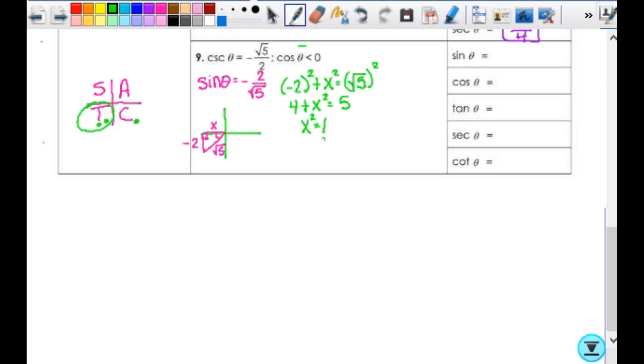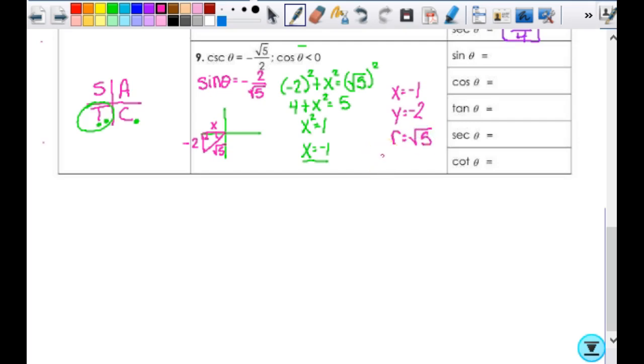I take the square root of that, and remember, the square root is plus or minus 1. In this case, your x value is negative, so x equals negative 1. That's your x value there. So x is negative 1, y is negative 2, and your r is the square root of 5.